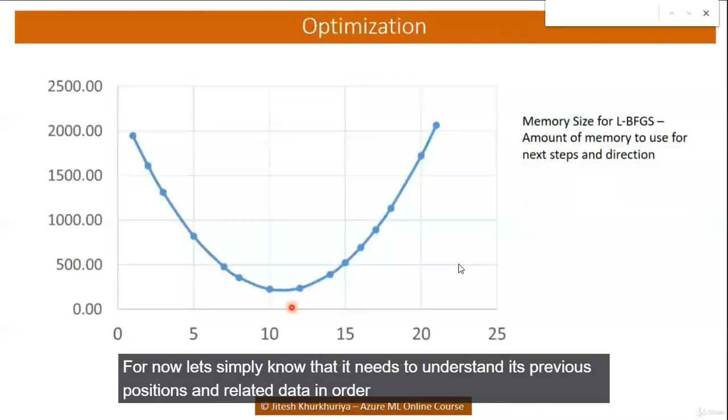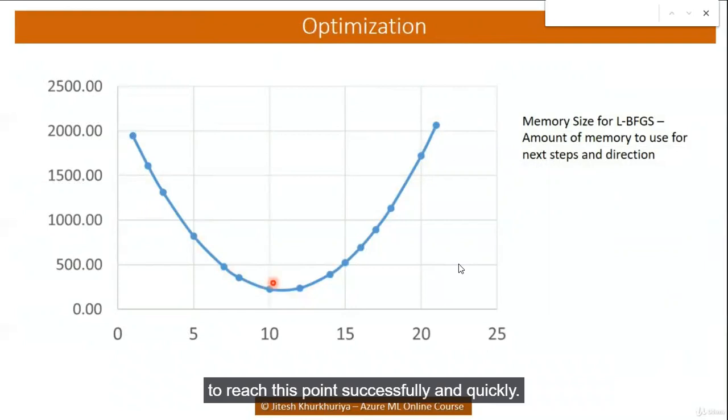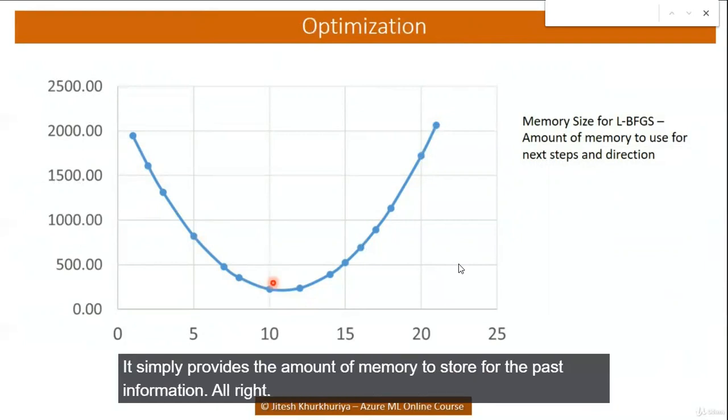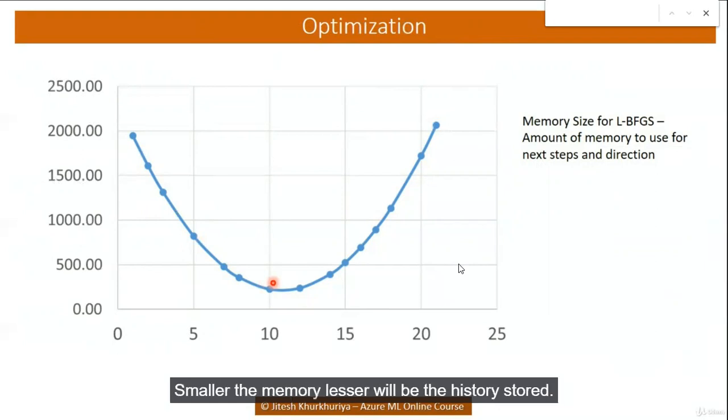For now, let's simply know that it needs to understand its previous positions and related data in order to reach this point successfully and quickly. This parameter of LBFGS, where the L stands for limited memory, it simply provides the amount of memory to store for the past information. Right? Smaller the memory, lesser will be the history stored. So it might reach here faster but less accurate.